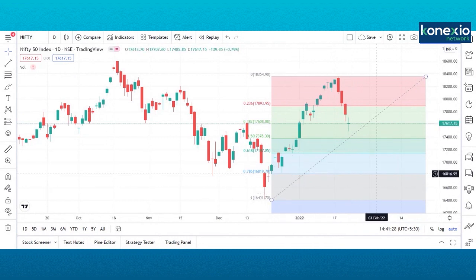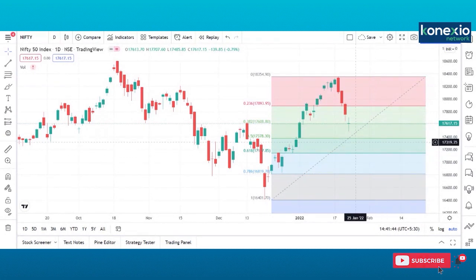Nifty has rallied from 16,400 to 18,350, then taken a 38% retracement of this rally, and it has just closed above that. Again a high wave candle.